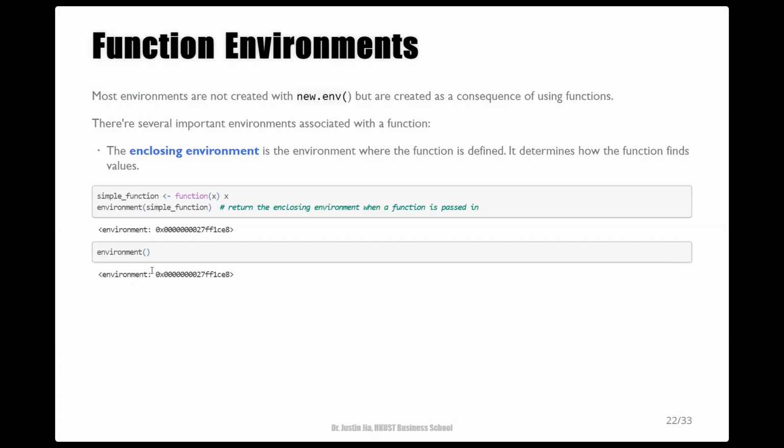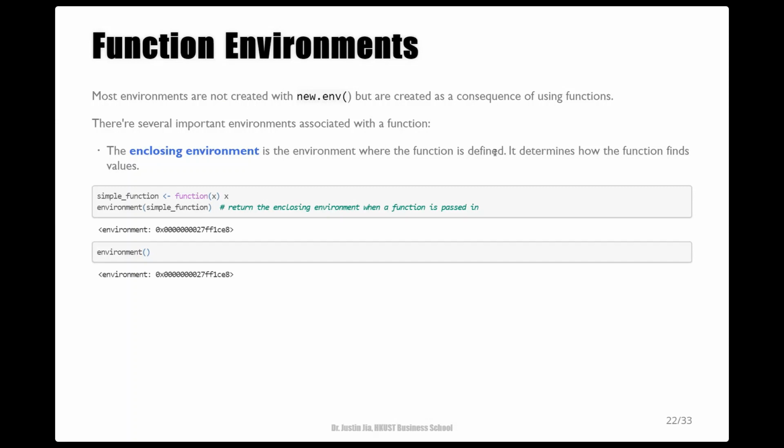In R, most environments are not created with the new environment function as we did previously, but are created as a consequence of using functions. There are several important environments associated with a function. The enclosing environment is the environment where the function is defined.